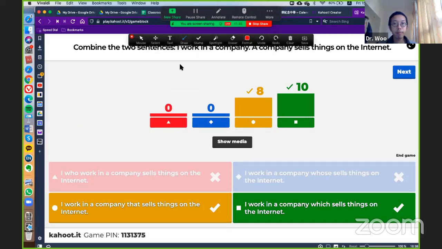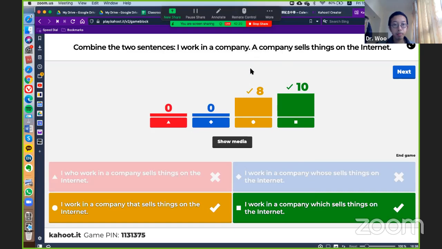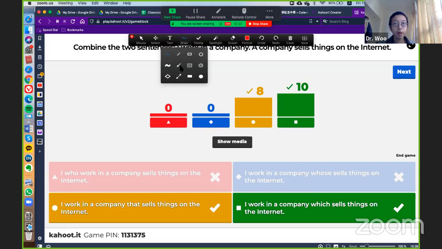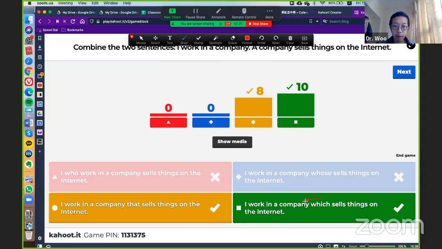So we see a company. For a company, we can use which or that. And you see that the relative pronoun goes right after the reference word. I work in a company. The company sells things on the internet. I work in a company. The company sells things on the internet.